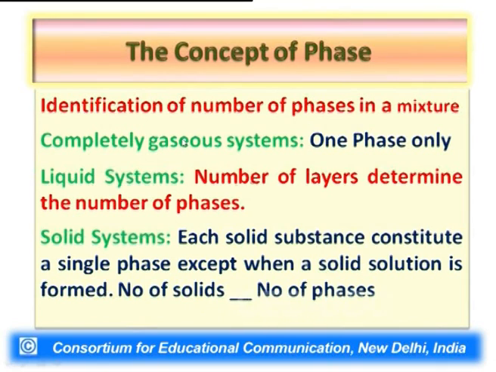Now, identification of the number of phases in a mixture is based on the physical state of the system. First of all, let us segregate them into three different types. If our system is completely gaseous, there may be more than one chemical constituent present, but all these constituents are in gaseous state.